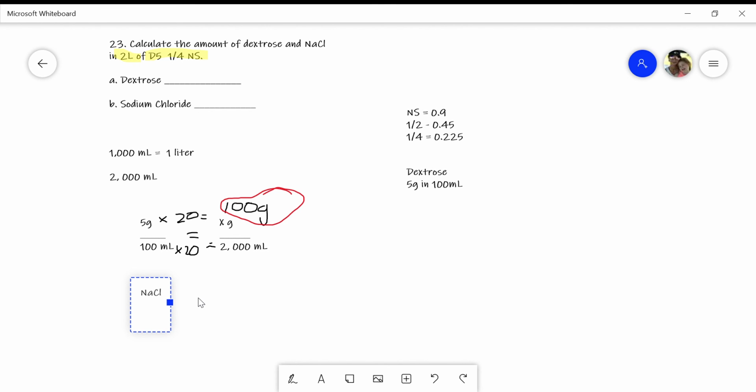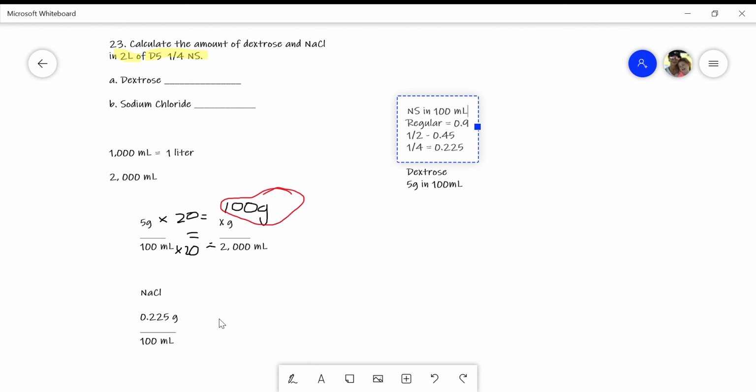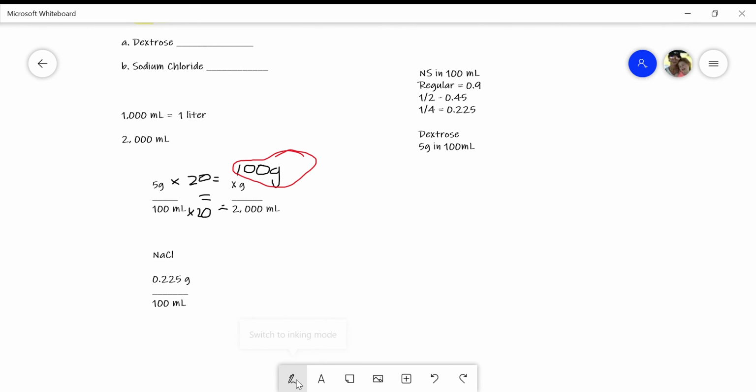So we know for a quarter strength, which is what it's calling for, it's going to be 0.225 grams in 100 milliliters, which equals X grams over the 2,000 milliliters.